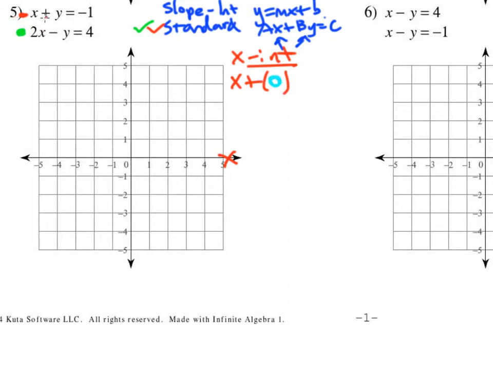X plus 0 equals -1. So this becomes 0, and we just get x equals -1. So our point is -1, comma 0. Let's go ahead and graph that. Again, that's the x-intercept. So it's going to be right there, -1, comma 0.